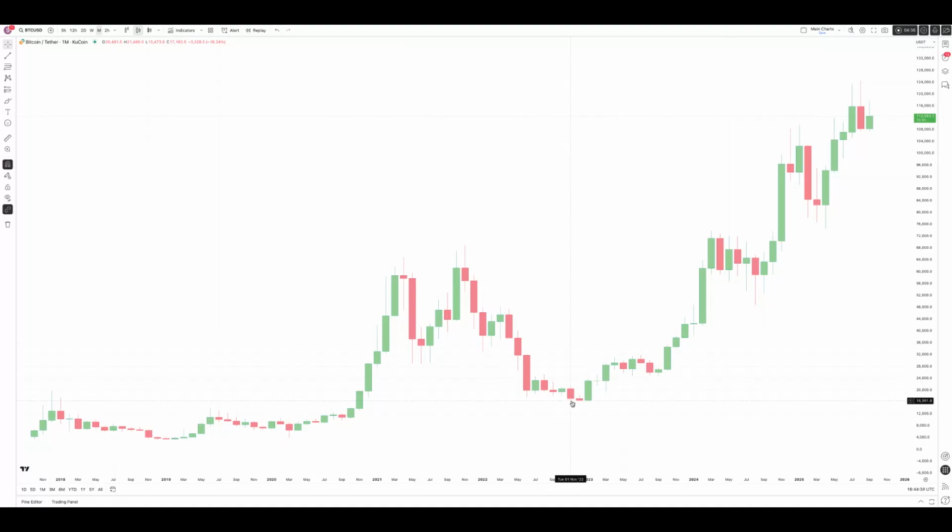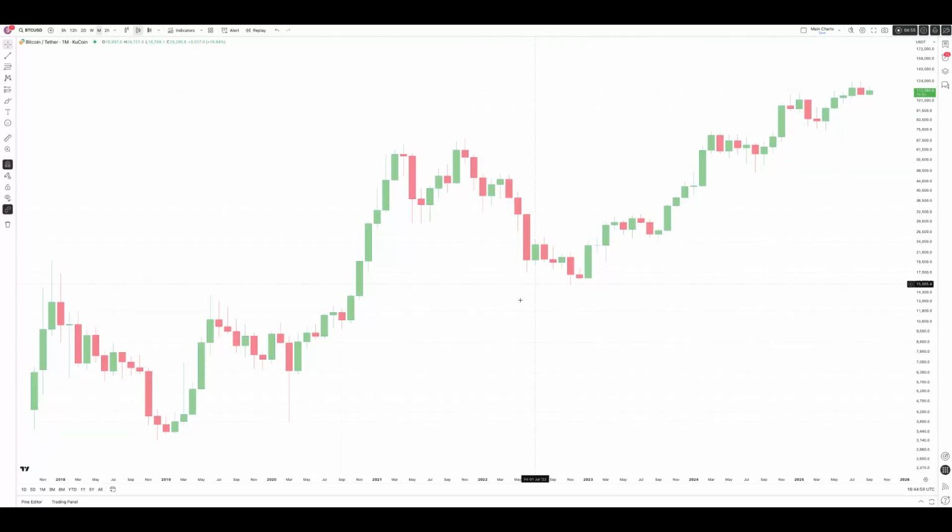From, let's say, 16K to our recent all-time high, 120K. And perhaps looking from 2020 to 2025, yes, it does seem volatile and exaggerated, but looking at log scale, this is actually showing you that Bitcoin as an asset is stabilizing, maturing.